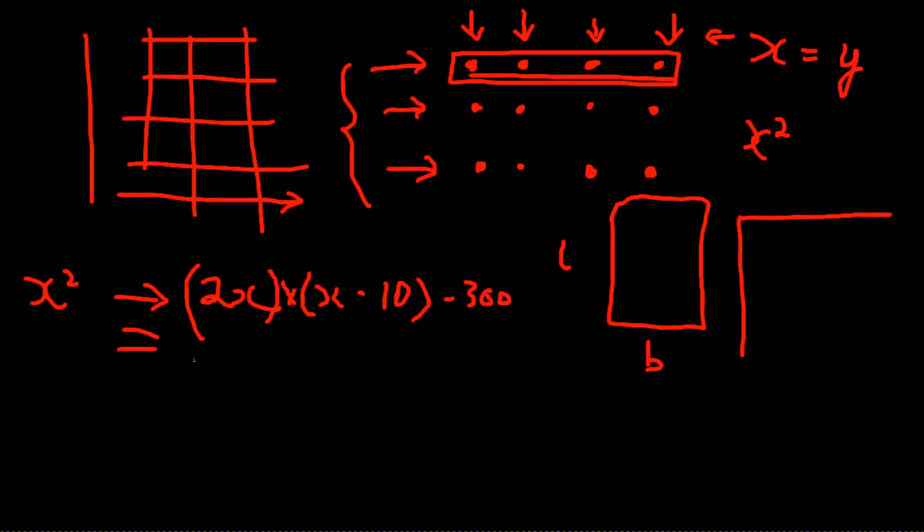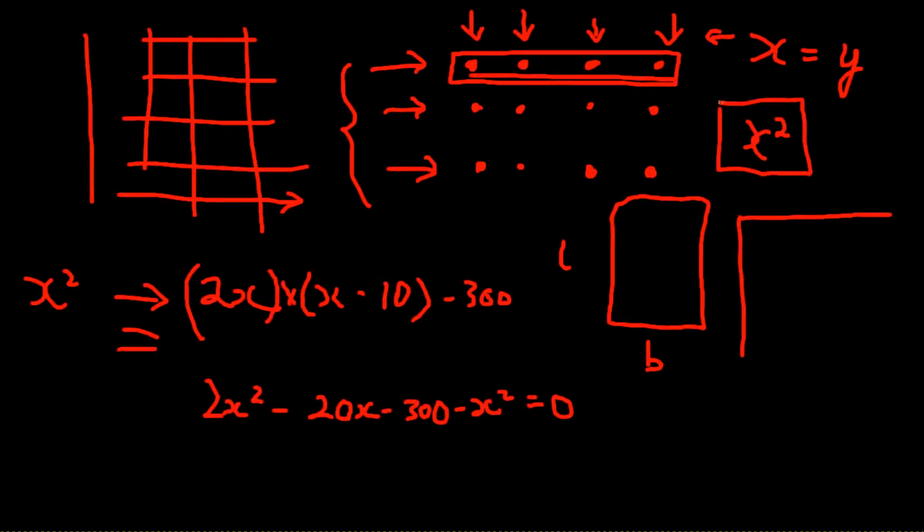If you just expand it, open this up, 2x squared minus 20x minus 300, let's bring that x squared to this side, minus x squared is equal to 0. Now we've been told to find the number of rows in the original arrangement, that means x, and also the number of seats after rearrangement. That's easy if you get the first one. So just minus this over here.